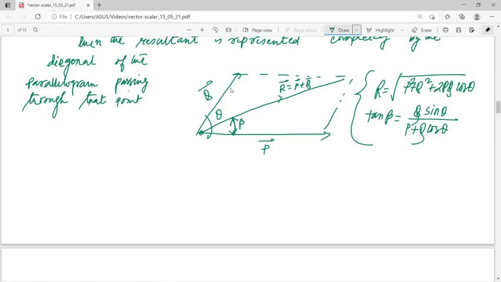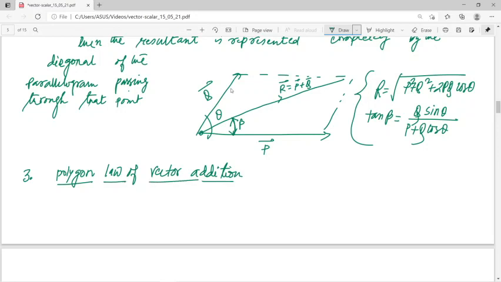That law, the third law, is called the polygon law of vector addition. This law helps us to obtain the resultant of more than two vectors, and it is just an extension of the triangle law.